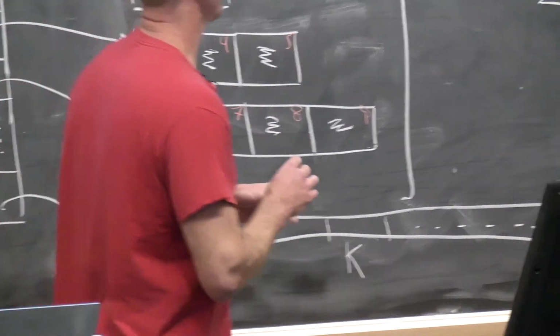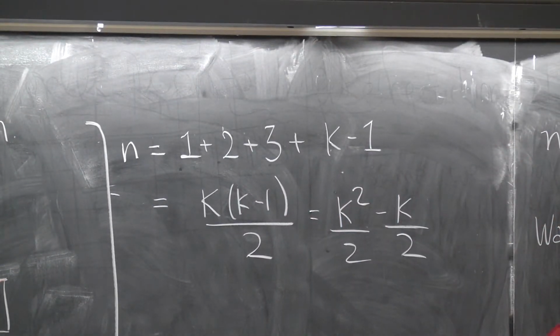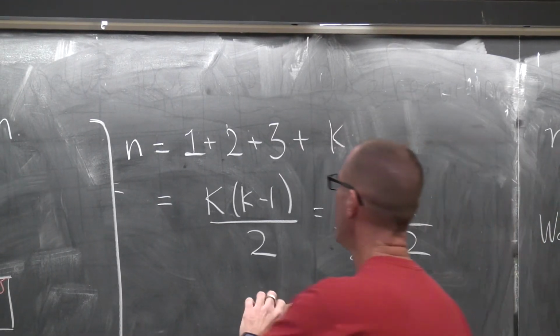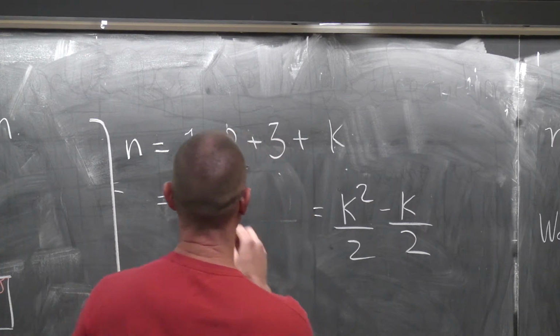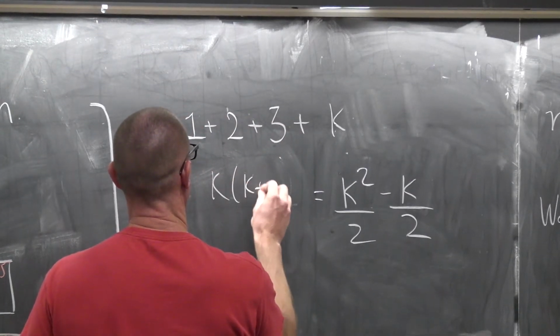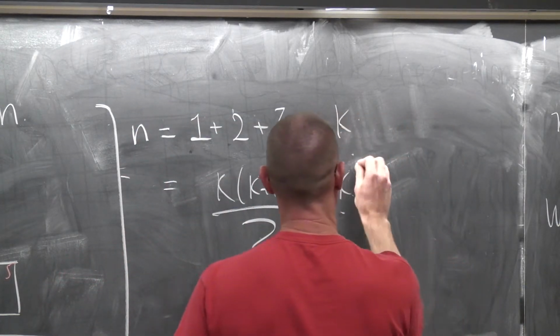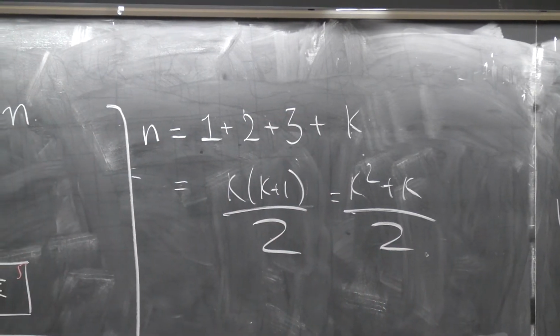Because this 1 plus 2 plus 3 plus, oh, you're right, okay. Yeah, you're right. Good. Thanks for catching that. So that is k times k plus 1 over 2.